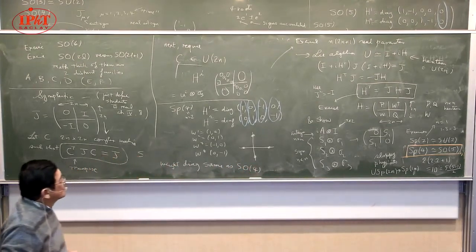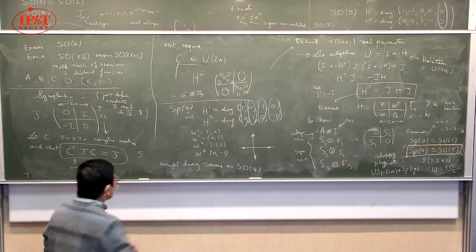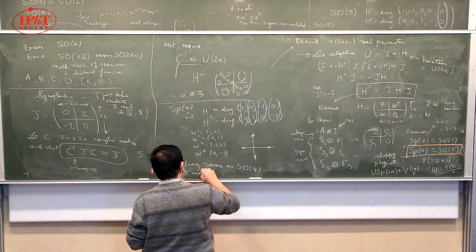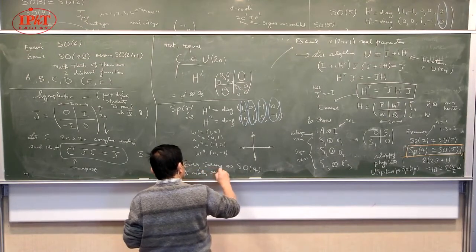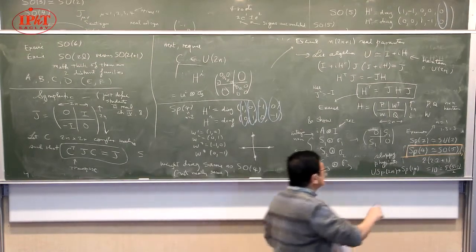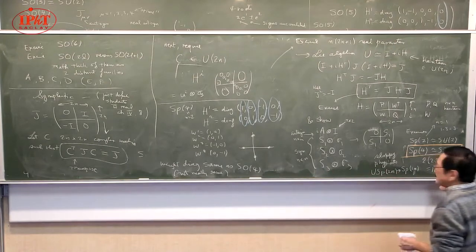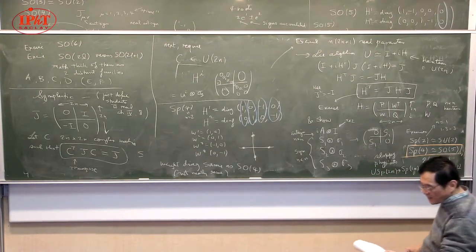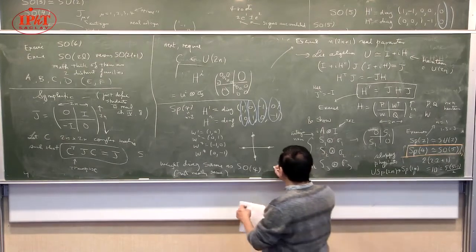But of course, it's not really the same. Because as we see, SO4 only has 6 generators, and SP4 has 10 generators. So there are 4 more roots.